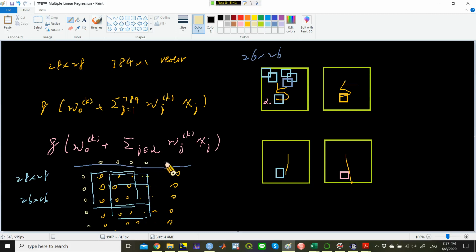We just copy the border and do the same thing. But in this case, this can be considered as a sub image. This is called convolve.